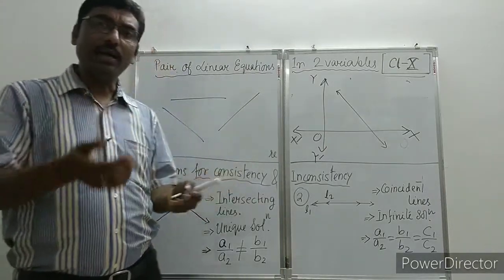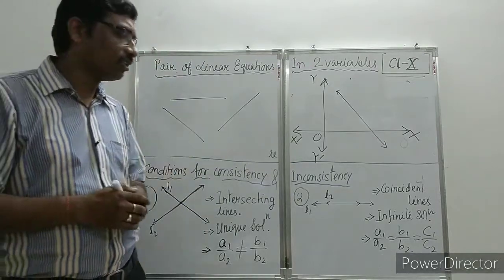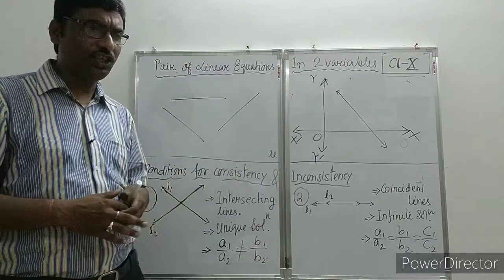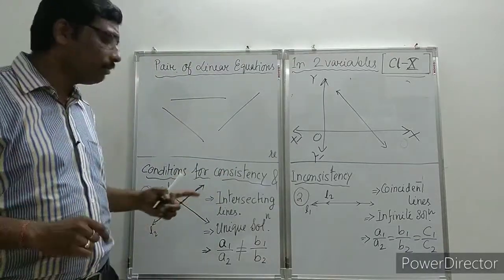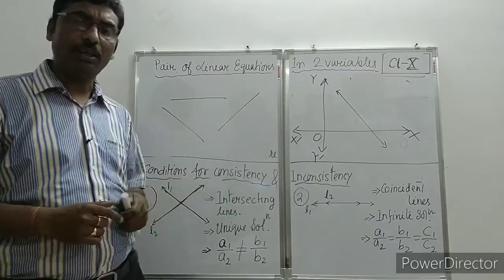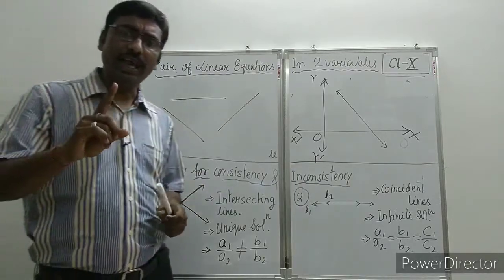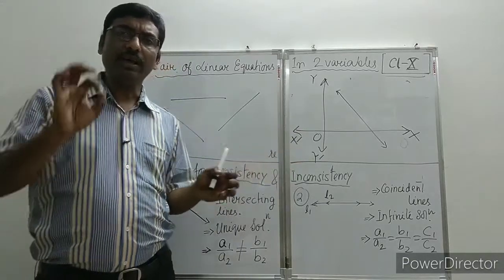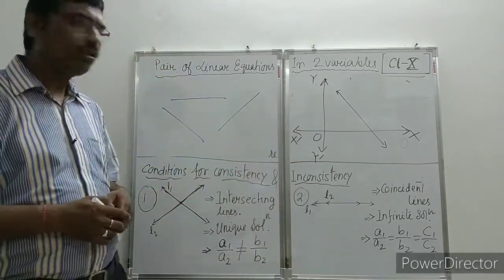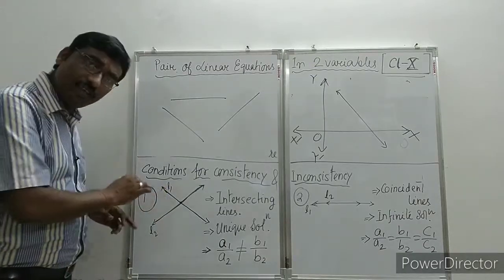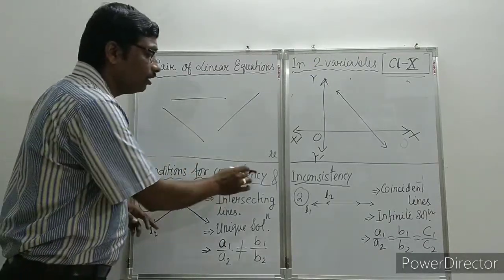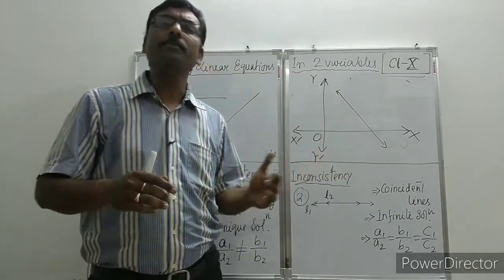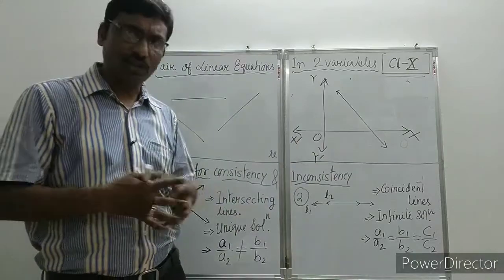That means while solving a pair of linear equations, if you get one solution or more than one solution, then the system of equations is called consistent, because a linear equation has infinite solutions. If there is a solution, they are called consistent equations, and if there is no solution, that means sometimes you may not get any solution.